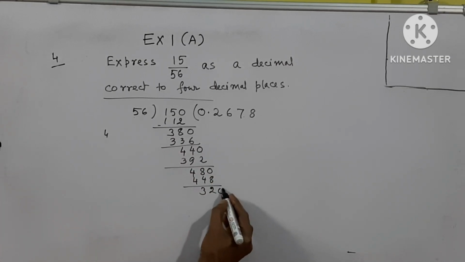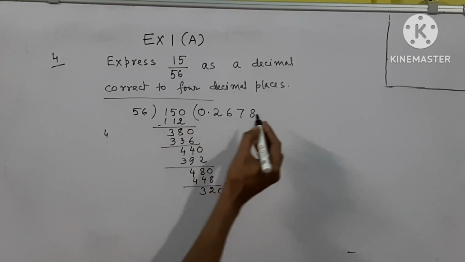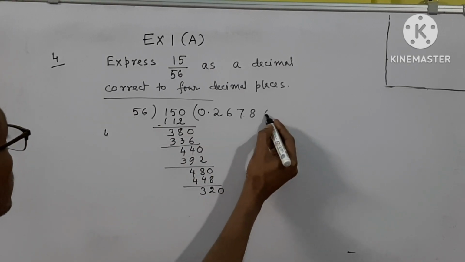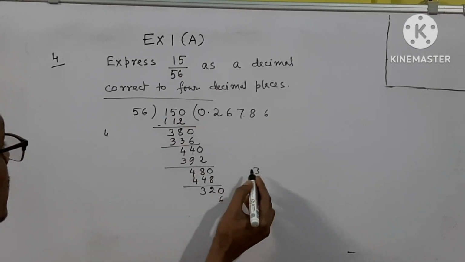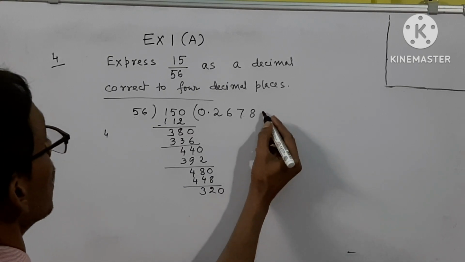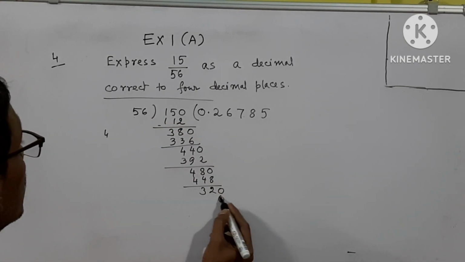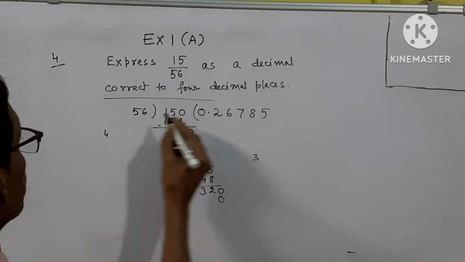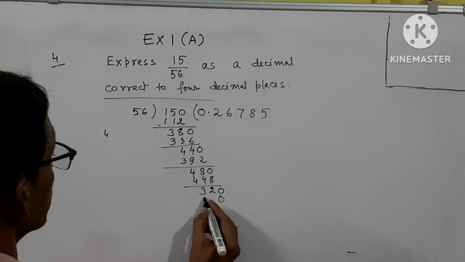Put 1 more 0. With 6, if you give 6 6s are 36, 6 5s are 30, 33. So 6 will be bigger. So you have to put 5. 5 6s are 30, 5 5s are 25, 25 plus 3, 28.